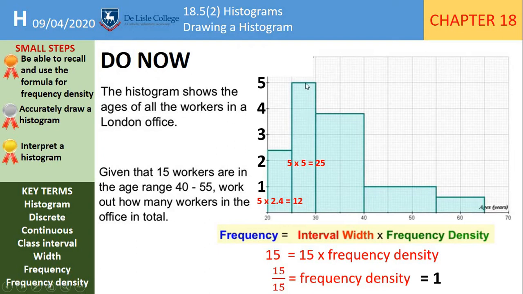A width of 5 multiplied by a frequency density of 5 to give us a frequency of 25. Then for the other three, you should have got 38, 15 and 6. So how many workers in the office in total? If you add all of the frequencies together, hopefully you've got 96.